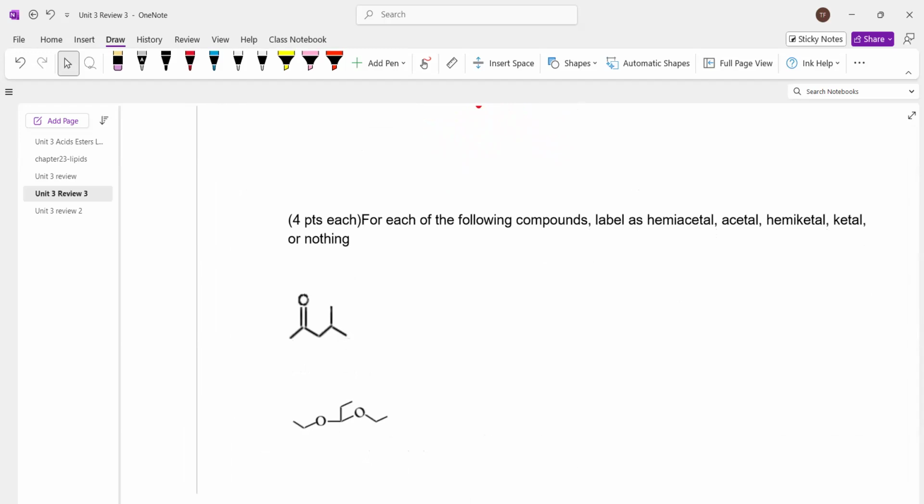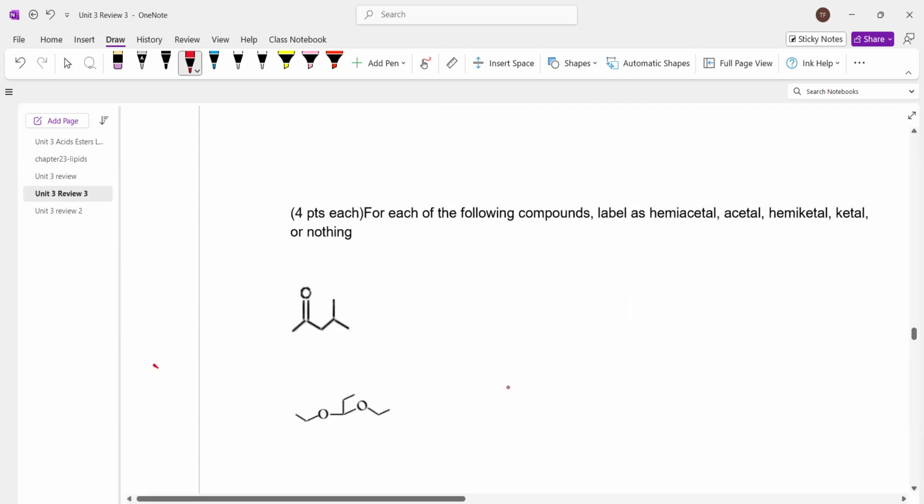Okay, so what do we got here? Labeled as a hemiacetal or an acetal or ketal or nothing. So this is nothing. It's a plain old ketone. Okay, this has got OCO.